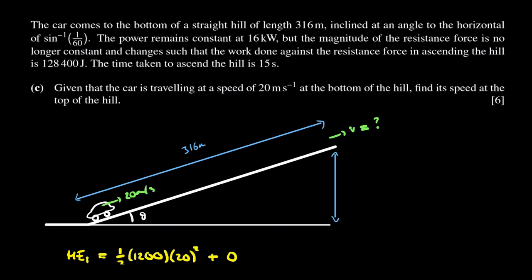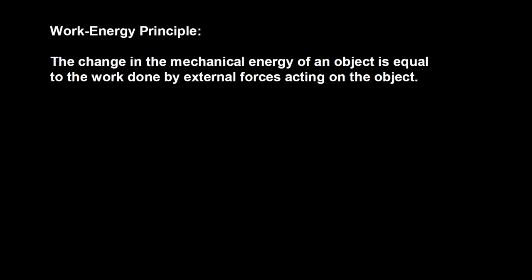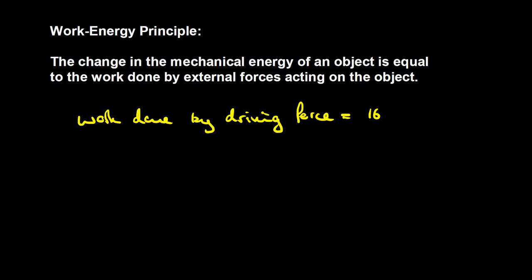So what we've got to do is calculate what those are. If we've got a constant power of 16 kilowatts, and the time that the ascent took was 15 seconds, then we can say that the work done by the driving force must be equal to the 16 kilowatts, so 16,000, times the 15 seconds.